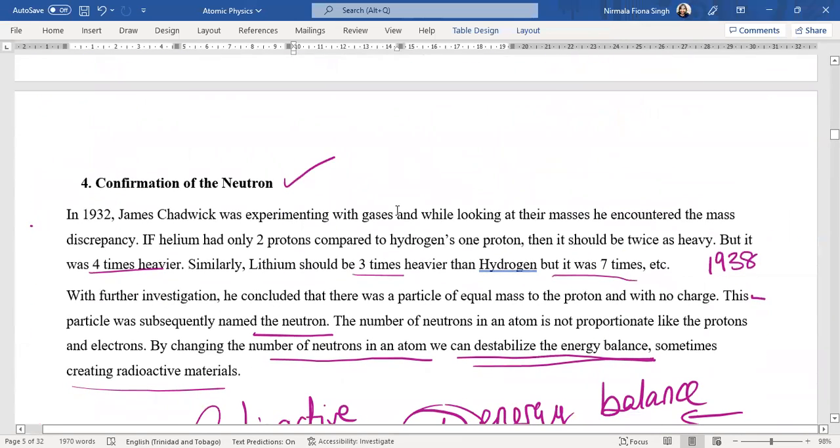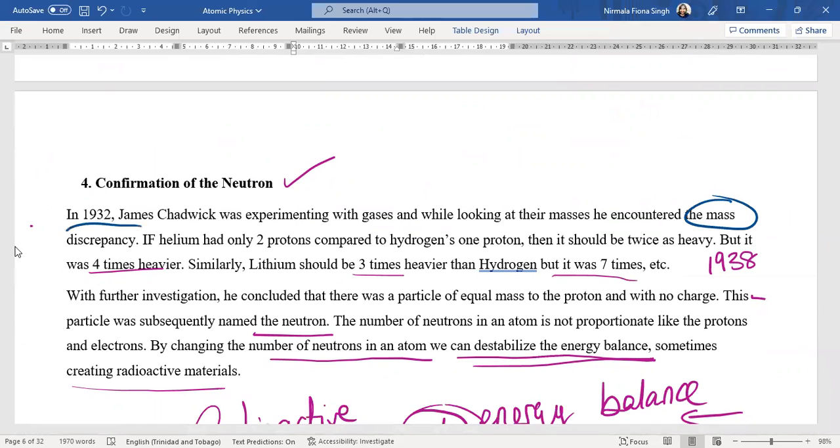After the proton, they confirmed what the neutron was, and the main thing to remember about the neutron is that it presented something called a mass discrepancy. It made atoms heavier than what they expected it to be. So that's why it was important to determine where this mass came from. And even though your neutron has no charge, it is important to maintain the energy stability of your nucleus and your atom.